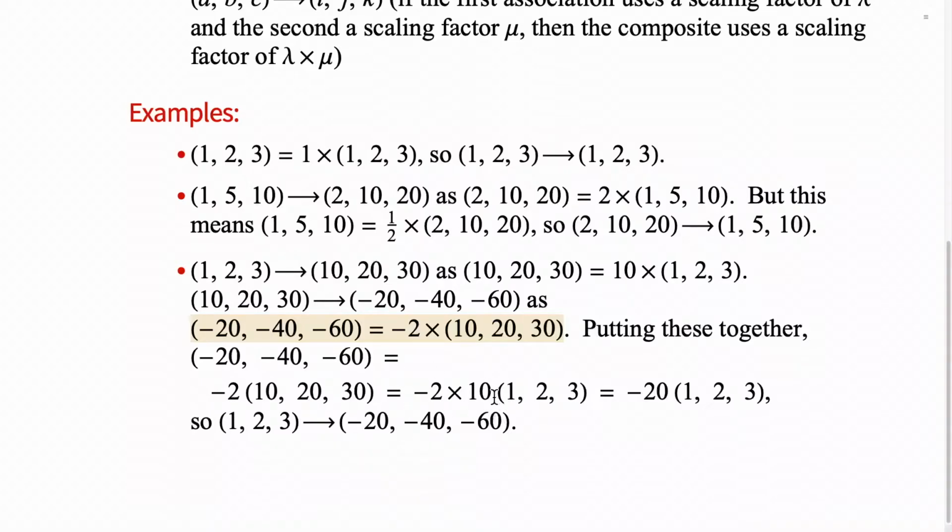That in turn was 10 times 1, 2, 3, and minus 2 times 10 is negative 20. So if you go from start to finish, negative 20, negative 40, negative 60 is negative 20 times 1, 2, 3. It's a scale of 1, 2, 3. And therefore 1, 2, 3 is linked to the triple negative 20, negative 40, and negative 60.